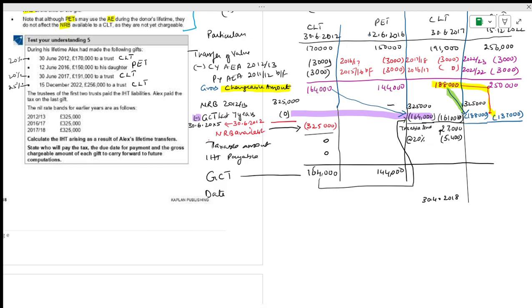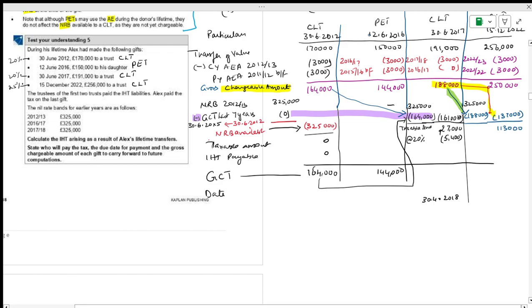137 minus 250. How much will you get? What is the difference you'll get? 137, you get how much? 113.